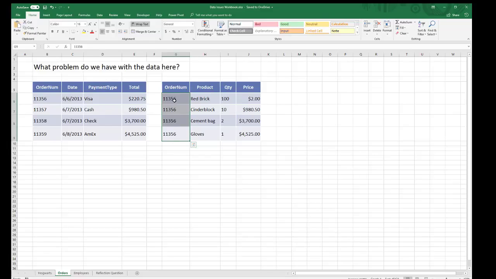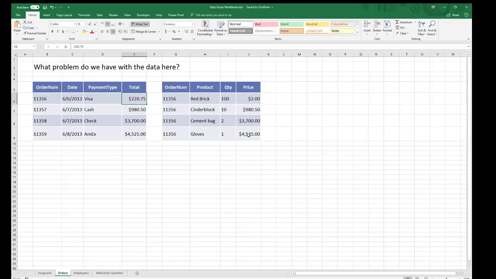Basically, if we take this order number and we look at the other table, we can see here we have 11,356. We have the date, we have the payment type, and then we look at the total, and you can see that the total is $220.75. Now, this value is clearly much lower than the values that we have for individual items on the order.